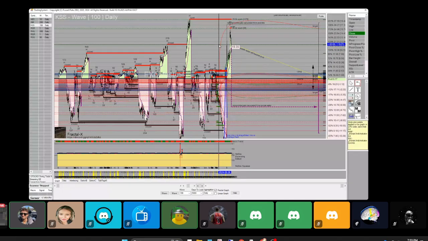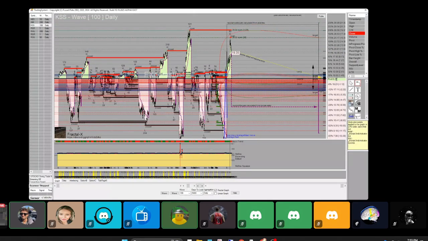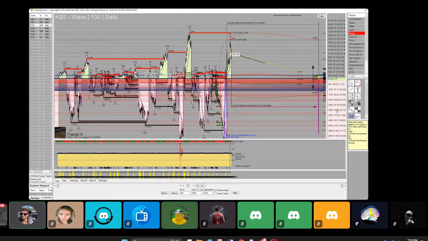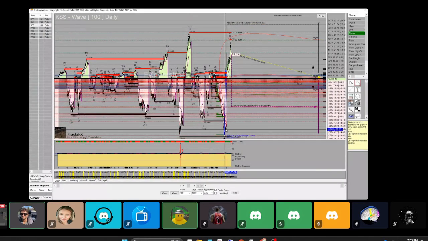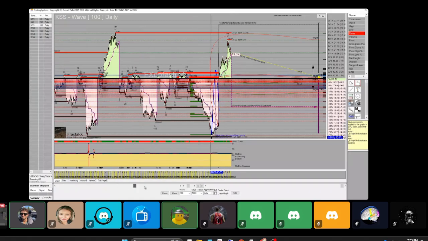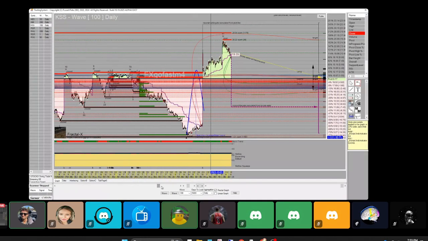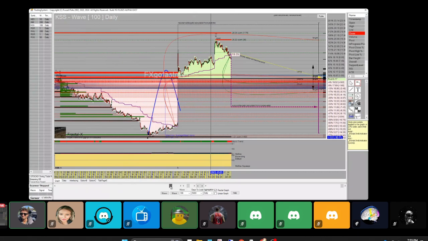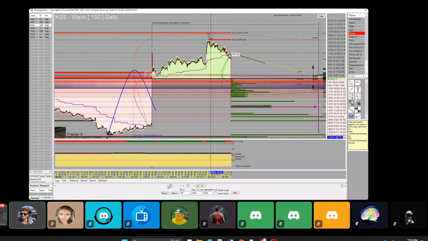My concern is whether we're just going to be making ascending open states from the bottom and then just continue up higher, because we don't necessarily have to reach all the way back to the vector. On the wave 100 daily, we're below the vector but still above pivot. Correct. We don't have to hit the 150 or the 200 purple vector. We absolutely don't have to fall down to those. Price can just stay higher, and then over time the purple vectors will rise higher, because like you said, we're already below the purple vector in the wave 100.